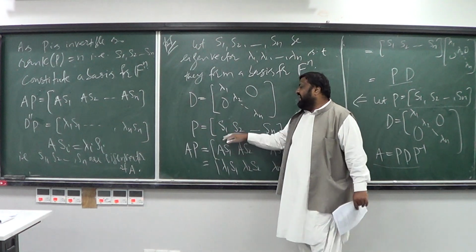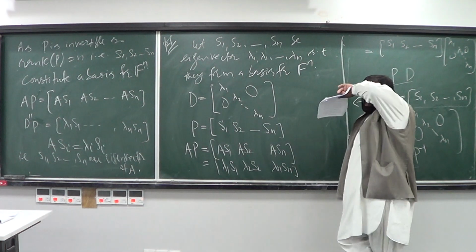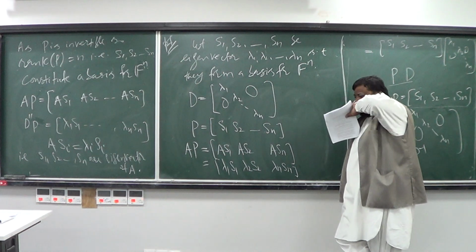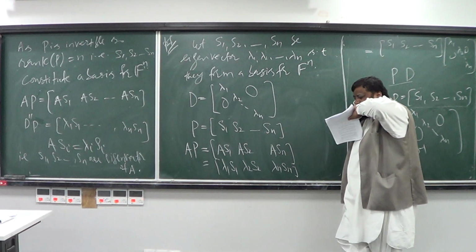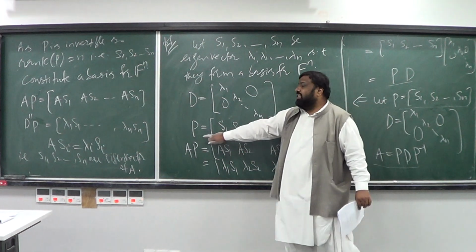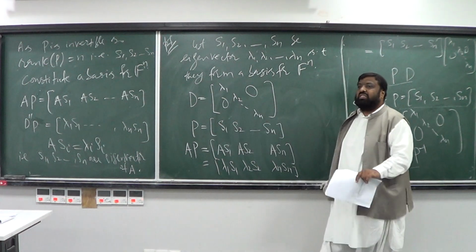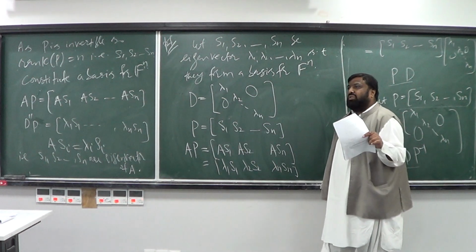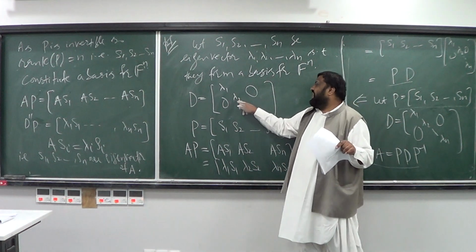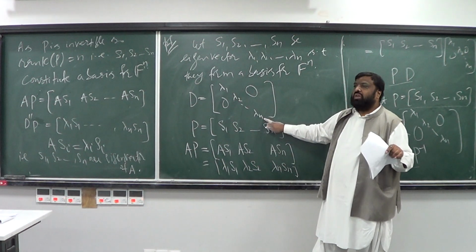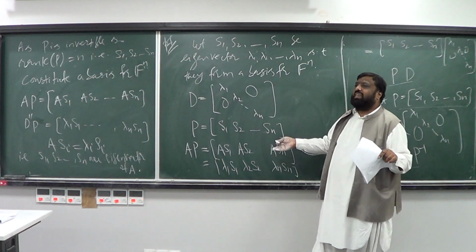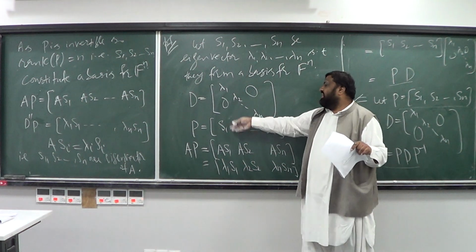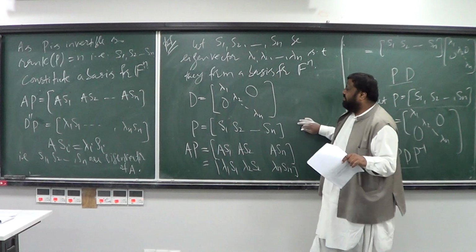And where are those eigenvectors? In other words, from where do we find the similarity matrix P? Corresponding to each eigenvalue, compute the eigenvectors, put those eigenvectors in columns and make a matrix.